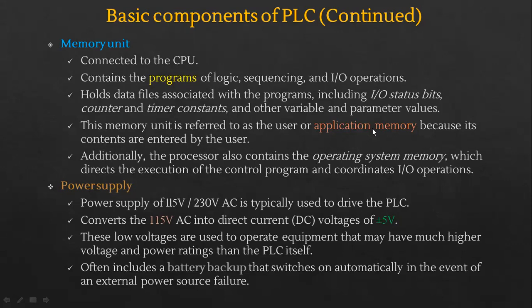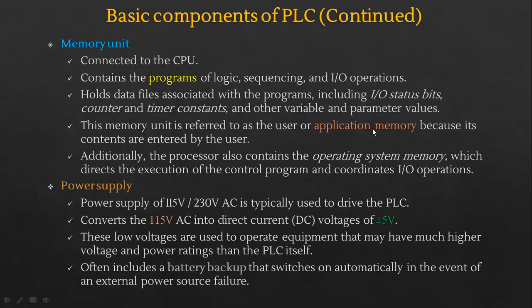In our PCs as well, you have a dedicated memory just for the operating system, which will be consumed, so you don't get the full memory. Some part of the memory is reserved for the operating system.